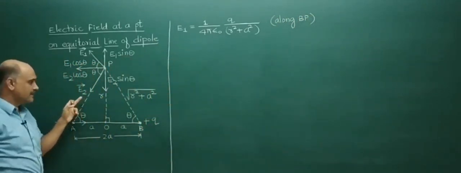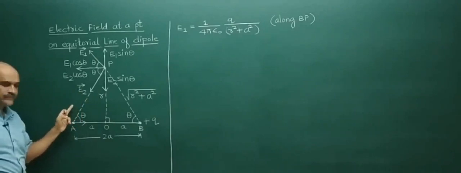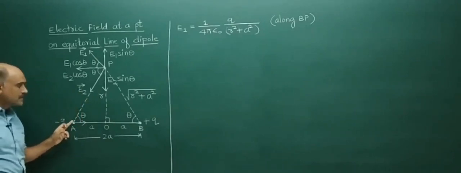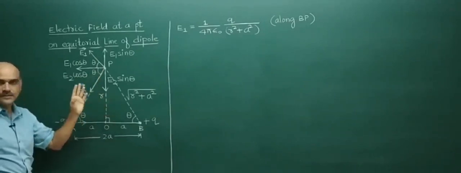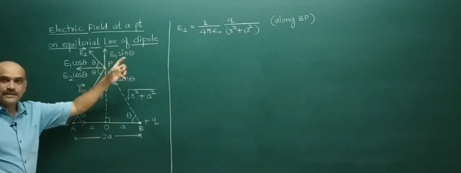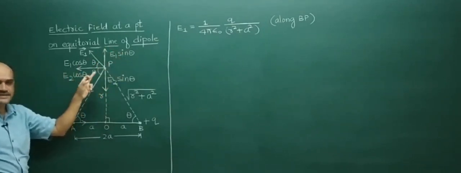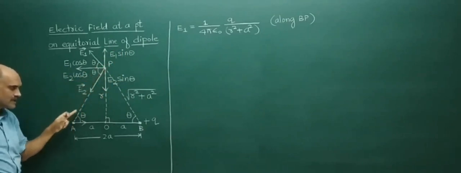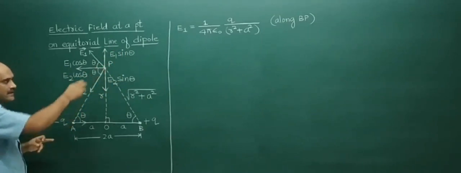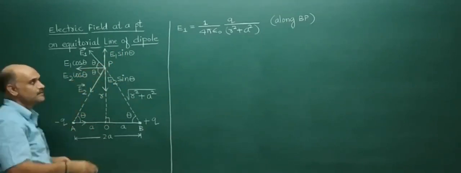Similarly, if I write the expression for E2, the charge is the same and the distance BP is also the same. So E2 has the same expression, only the direction changes. The direction of E2 is along PA.